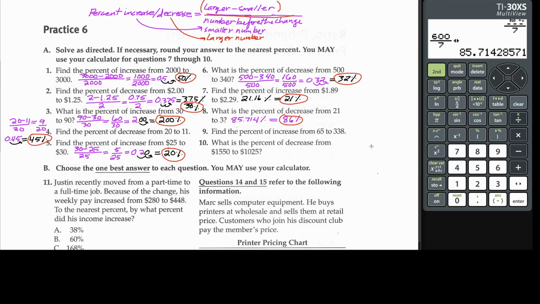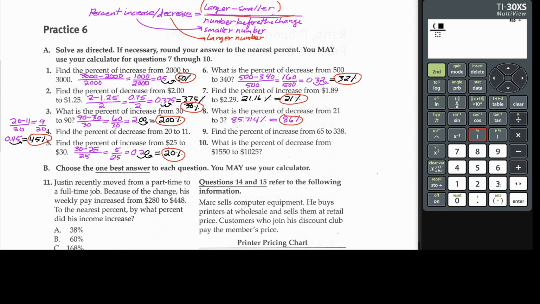Number 9. Find the percent of increase from 65 to 338. Okay, let's go to the calculator. I need to clear the screen. Okay, N over D again. Press this button here. Okay. Left parenthesis.